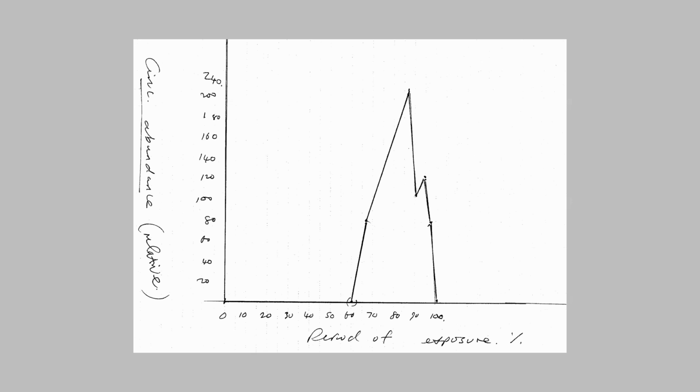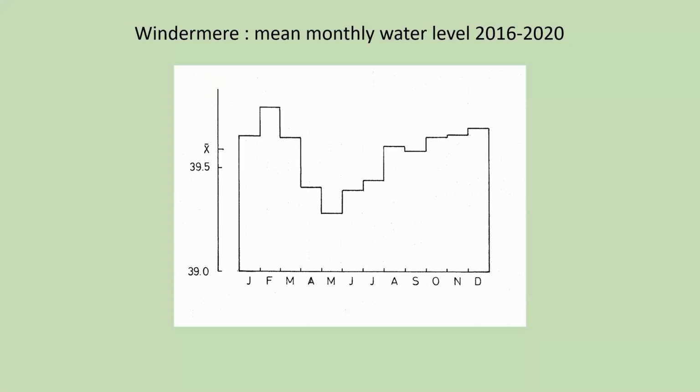It's quite interesting because if you remember when I showed you the picture of Cinclidotus, it had sporophytes on it. Now, these are the structures by which the moss reproduces sexually, so it's quite important to it. Now, the sporophytes need to be out of water, and most mosses reproduce in the spring. And if you look at this plot of the mean lake level of Windermere, again, it's from the data for 2016 to 20.